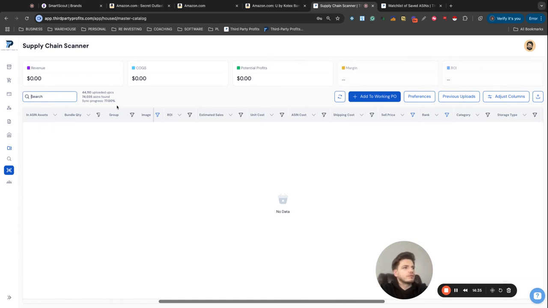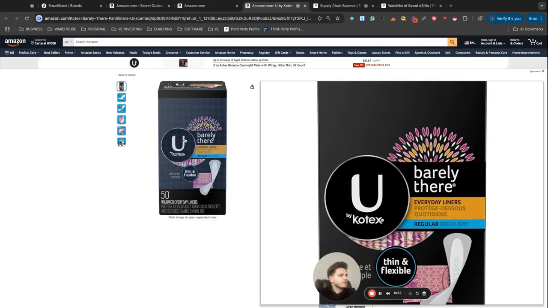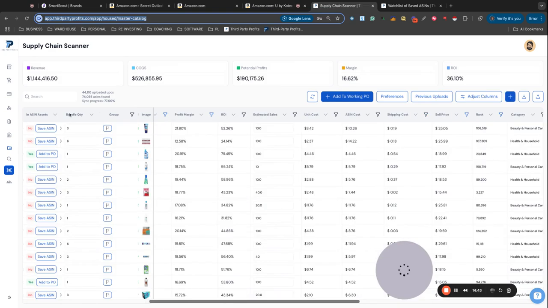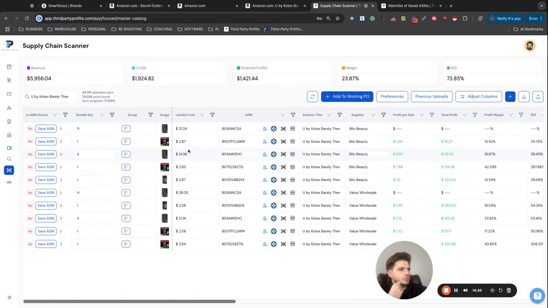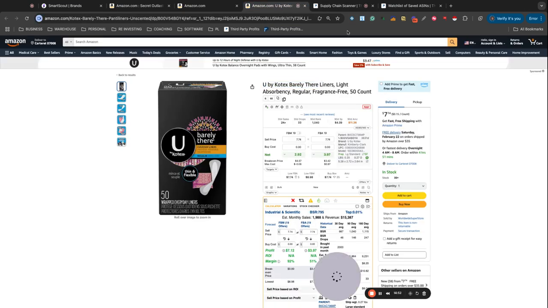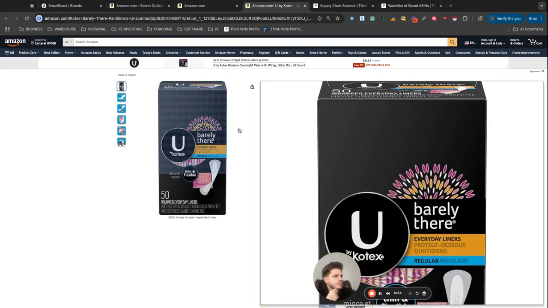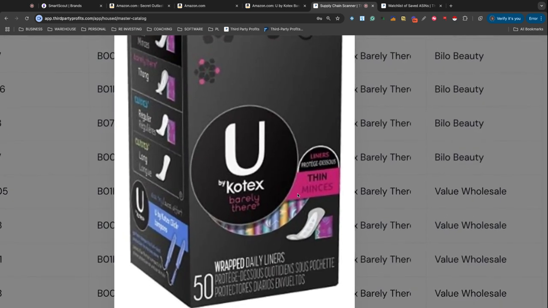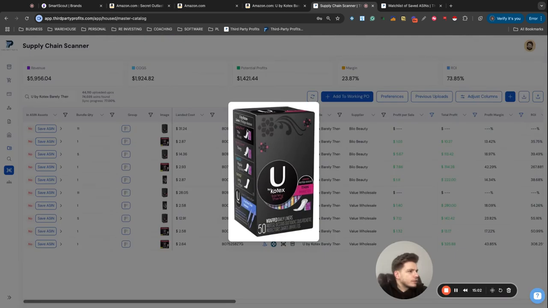Okay, maybe that's not the right UPC. Barely there. Okay, so we do have U by Kotex Barely There. This is a 50 count, thin and flexible, regular, thin. I don't see where it says regular.